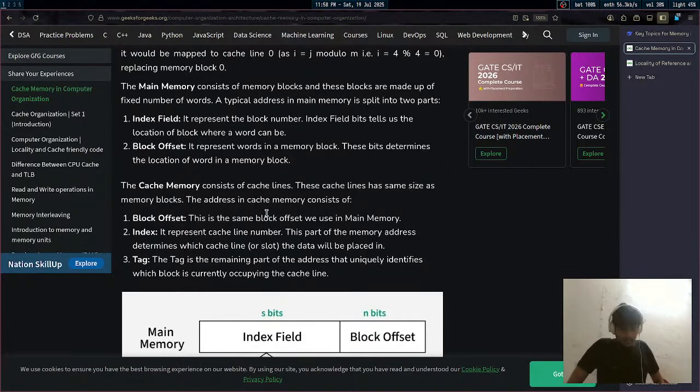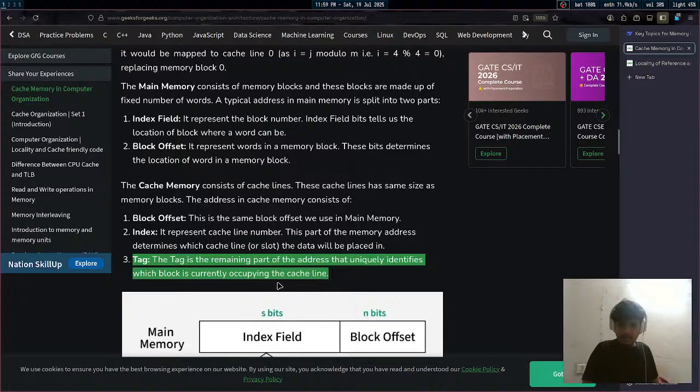So what I am thinking is that the first 2 bits which we are going to search for will determine the index for the memory location, and the next 2 bits will be telling whether for that index we have that block or not, right? Which will be the tag thing, I think. The remaining part of the address uniquely identifies which block is currently occupying the cache line.